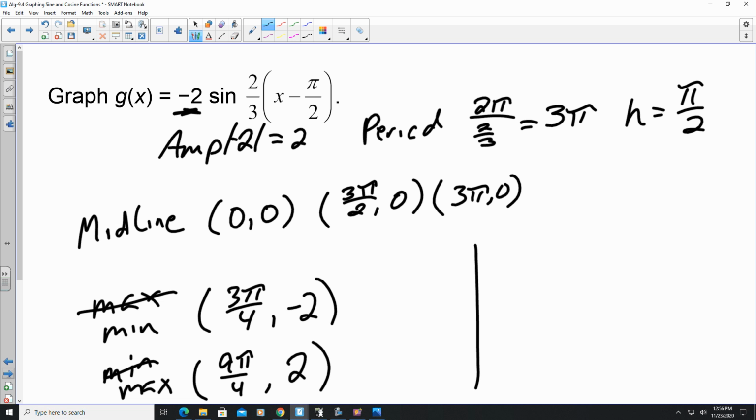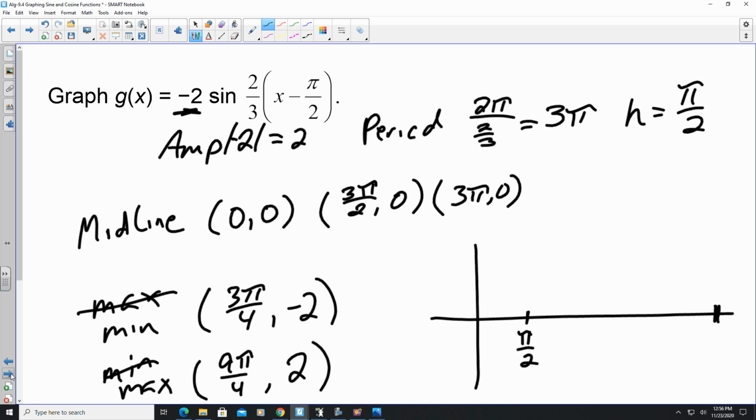So here you got your graph. The period is, since you have pi over 2, it actually starts at pi over 2. And then the period is 3 pi. So you're going to take 3 pi and add it together.